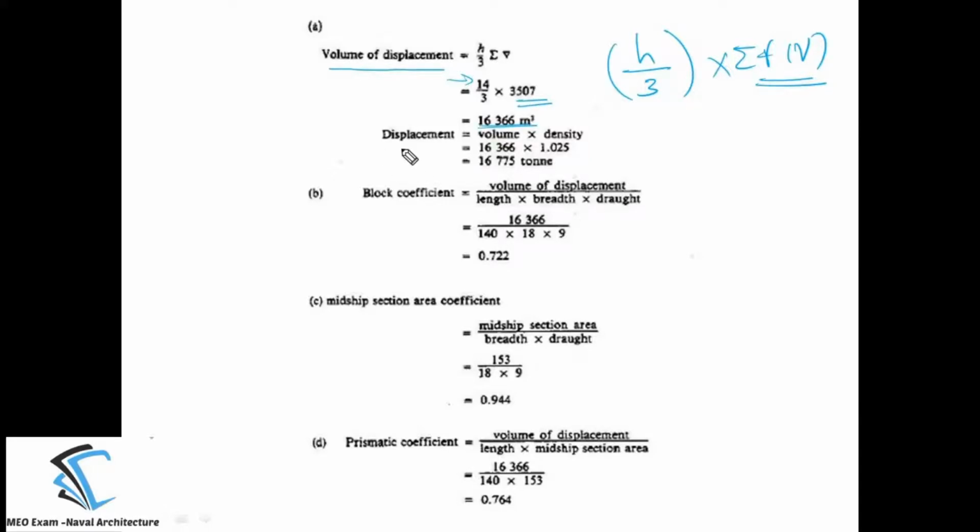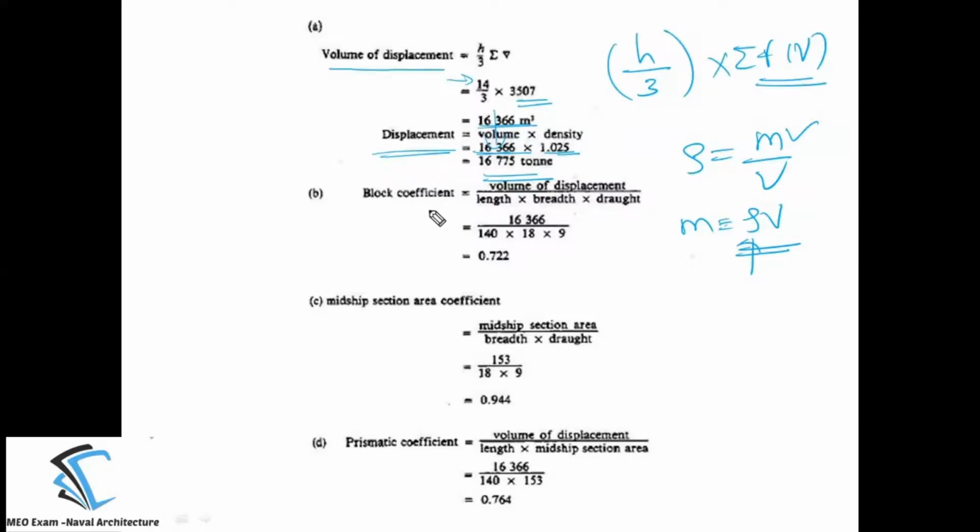But if you want to calculate the displacement, use the formula rho equals mass upon volume. You need the mass, so mass is equal to rho into V. The density you take is the seawater density, multiplied by the volume we got here. You will get the answer in tons, that is the displacement.